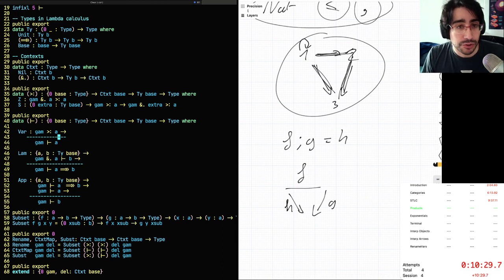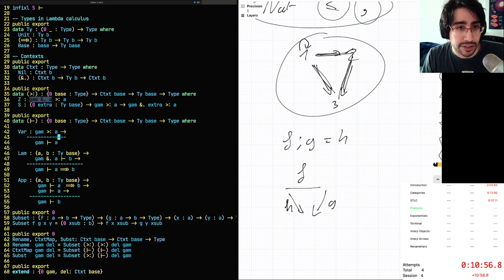So assuming we want to do this, and assuming this is the mapping, what are the things we need for this to work? So we need a way to talk about function types. We need a way to talk about variables, but variables depend on talking about types and talking about contexts. We need to find a way to talk about extending a context with a type, right?